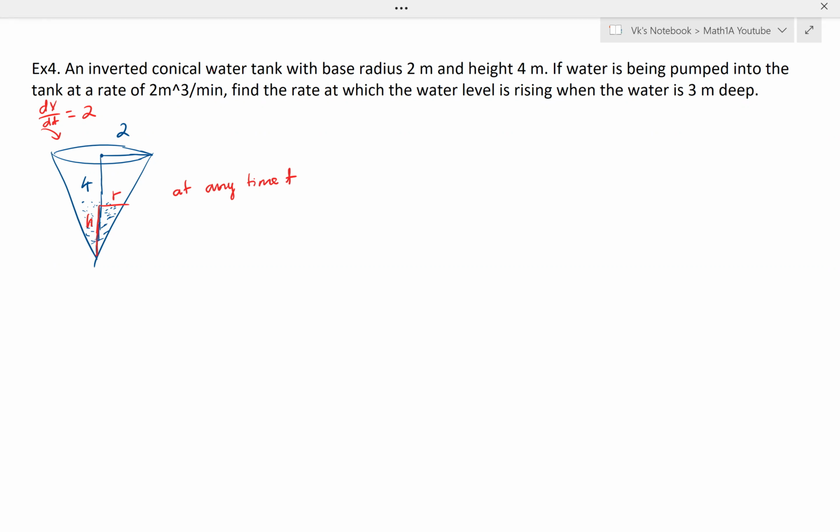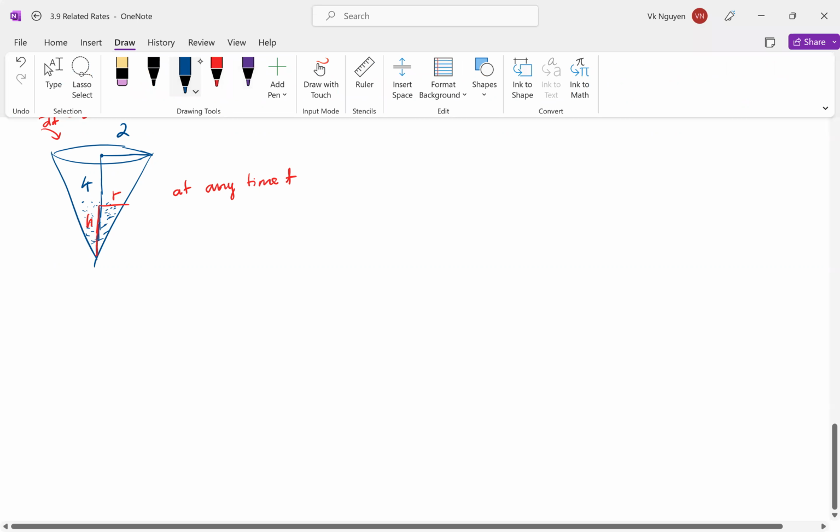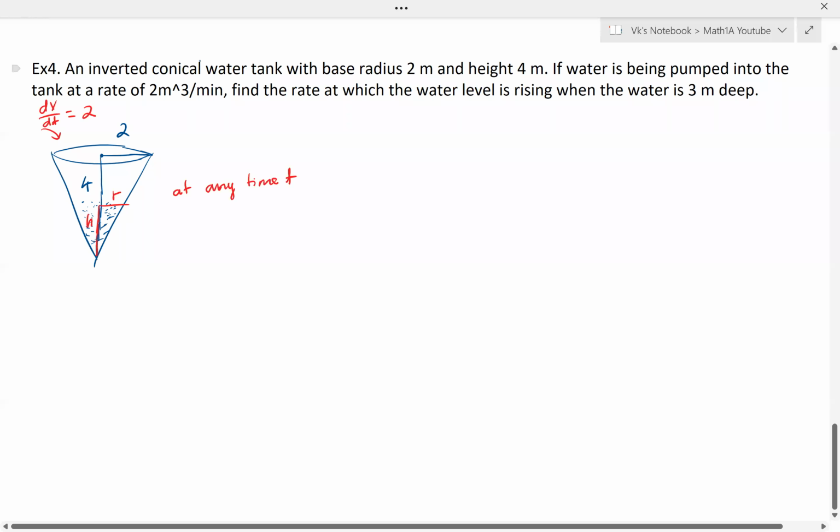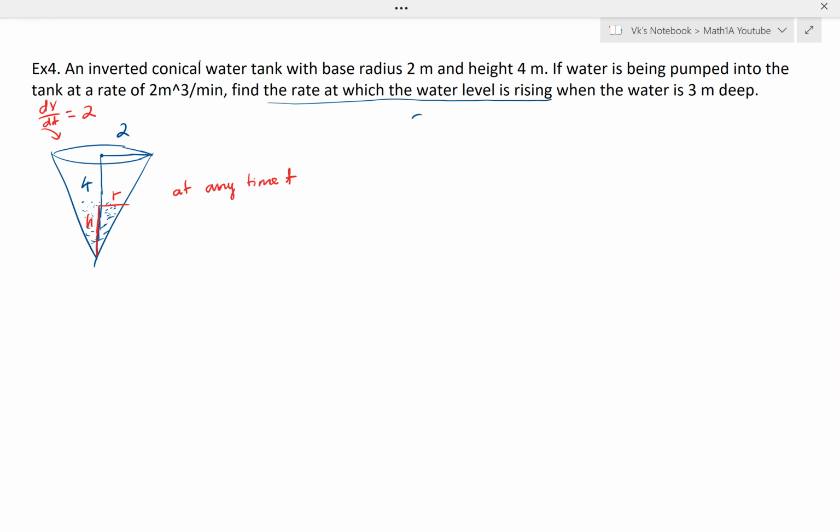Now, the question asked us for the rate at which the water level is rising. So that is change in height over change in time, dh over dt. We got to find a way to connect height and volume.